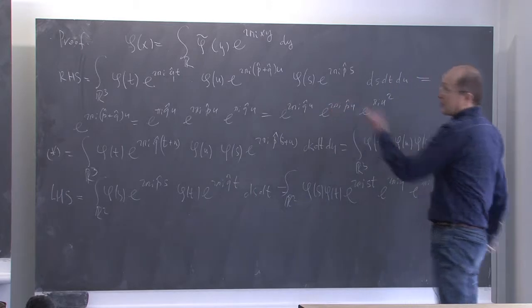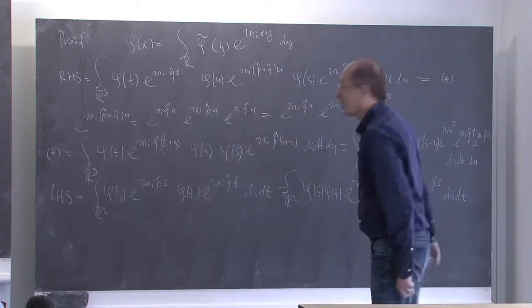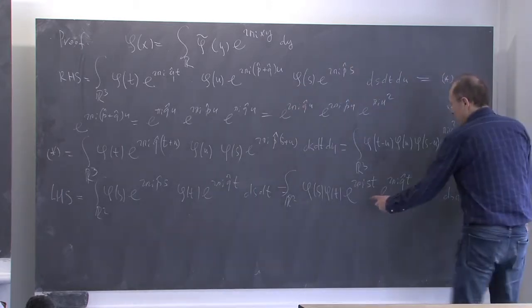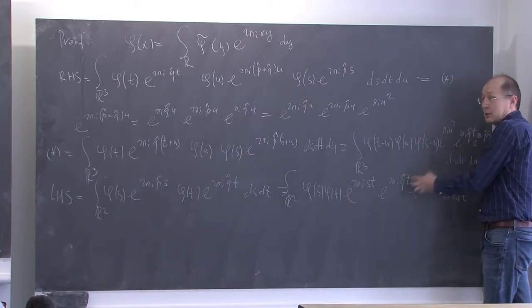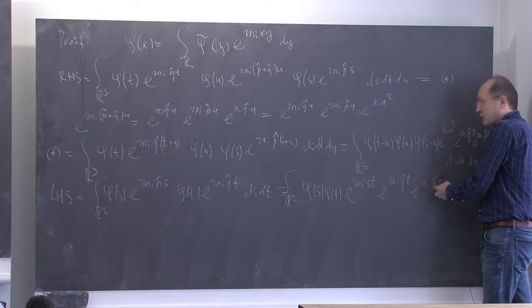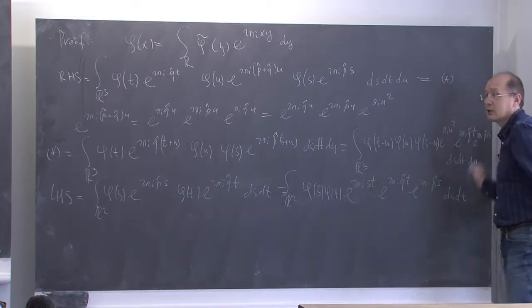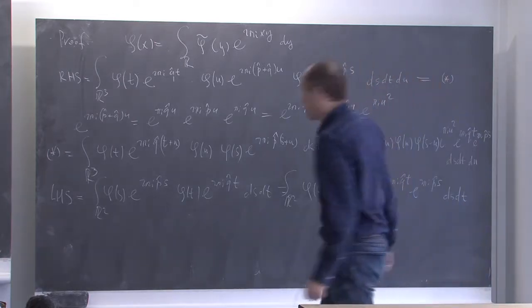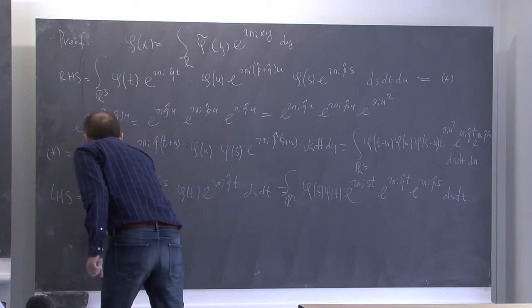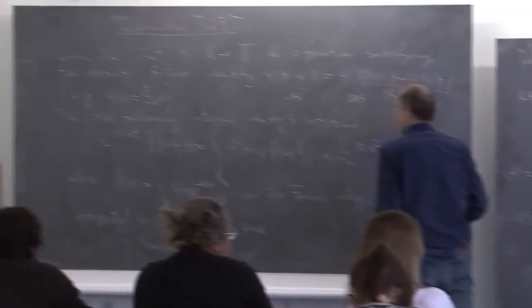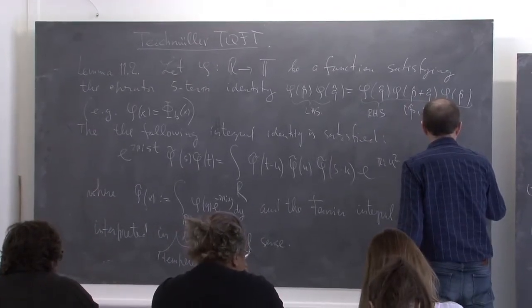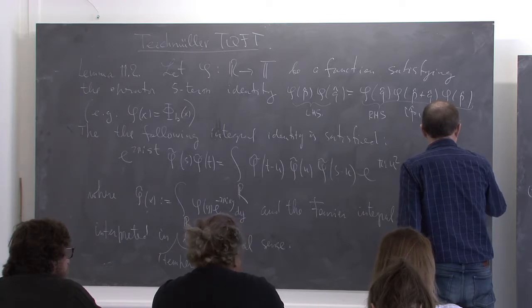And now we have operator equality, which means that the coefficients of integrals should be equal, right? Because this representation is a unique way of writing an operator. So we come to the integral relation.